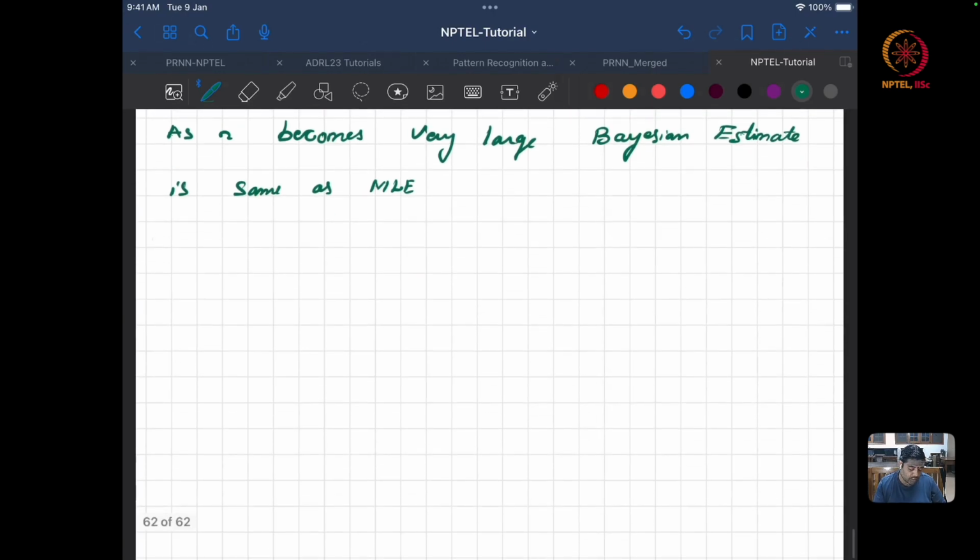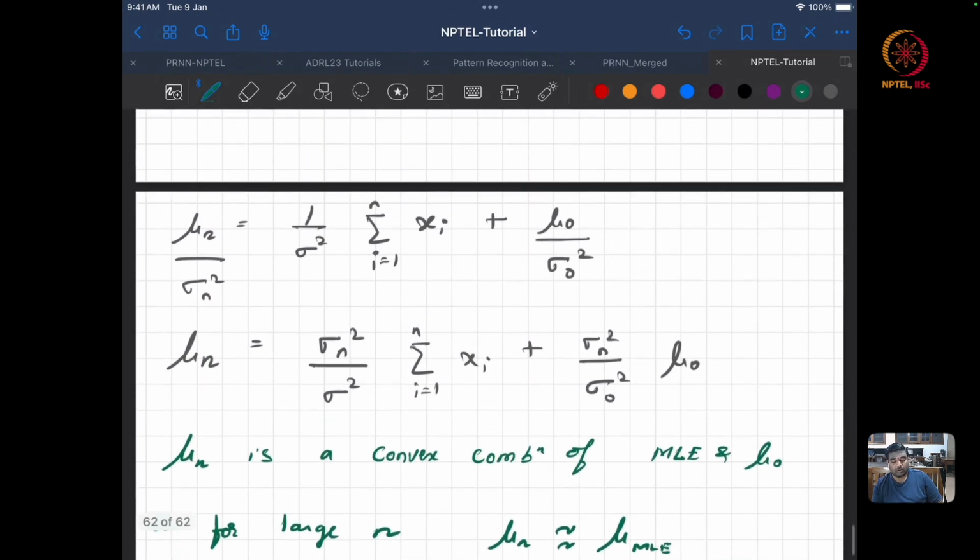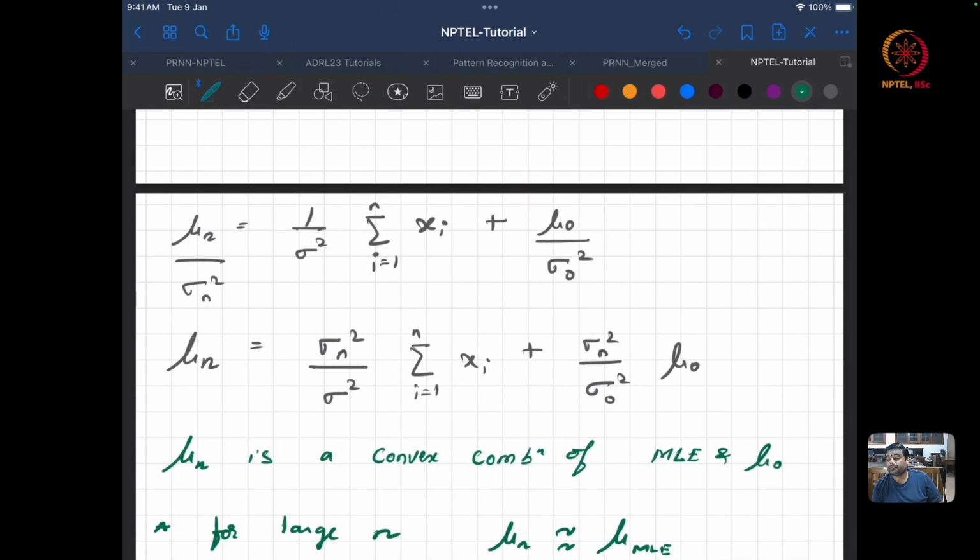Okay. So now just note that since the distribution is Gaussian, the mode as well as the mean is mu n, which is a linear combination of my MLE and the assumption that we have.